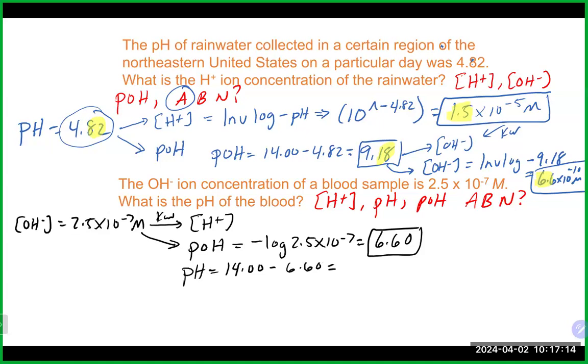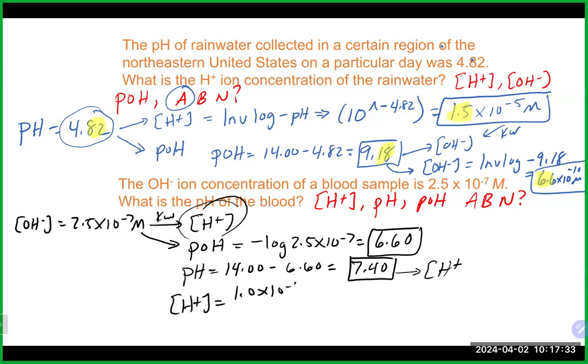So we'll do 14 minus that, 7.40. And at this point, again, you have 2 options as well. We could also use this to get to the H plus, or we could just go for old time's sake back to KW here. And our H plus concentration will be 1 times 10 to the minus 14 divided by our 2.5 times 10 to the minus 7.